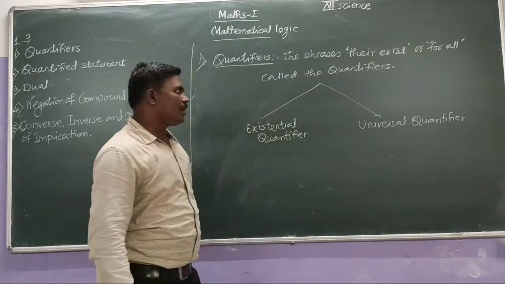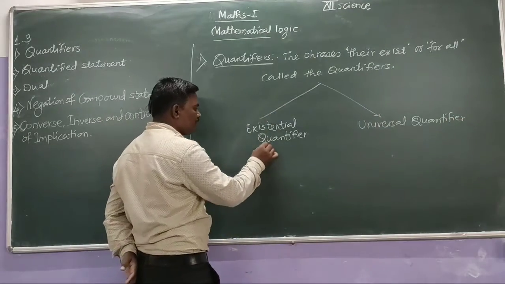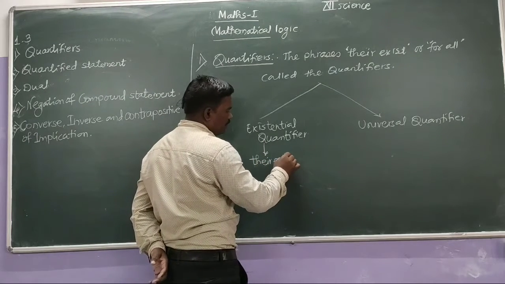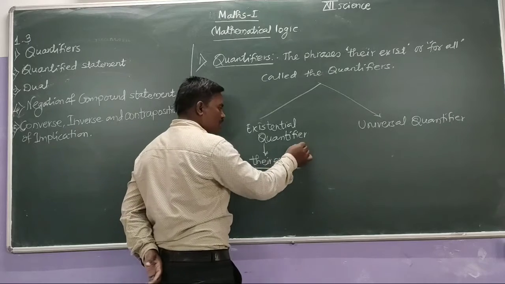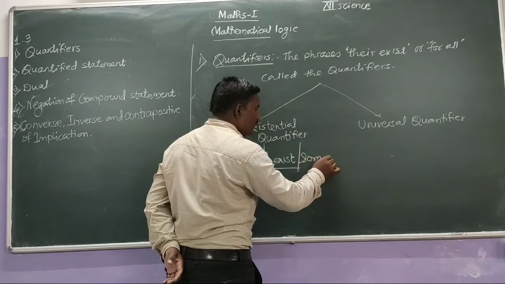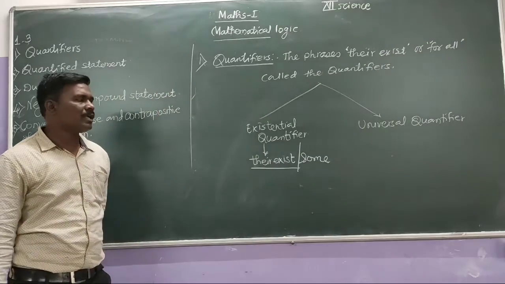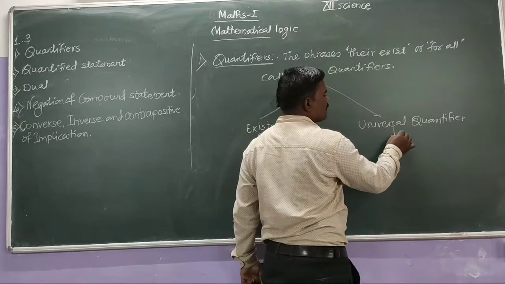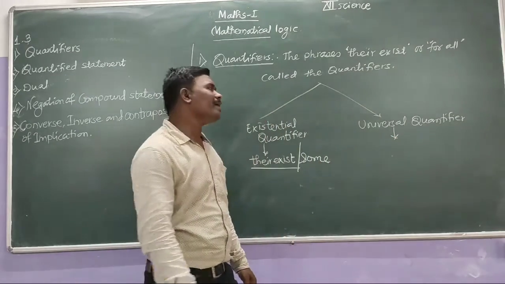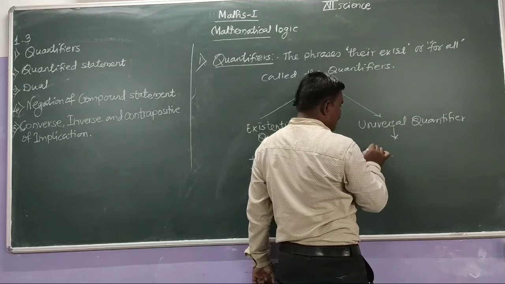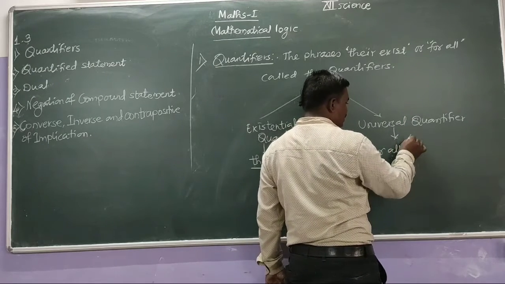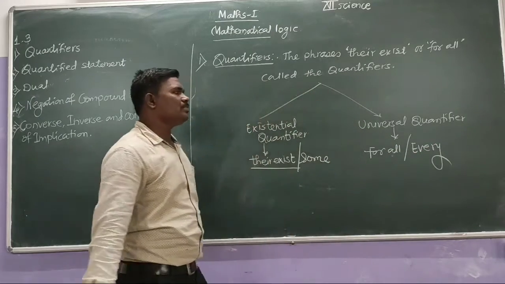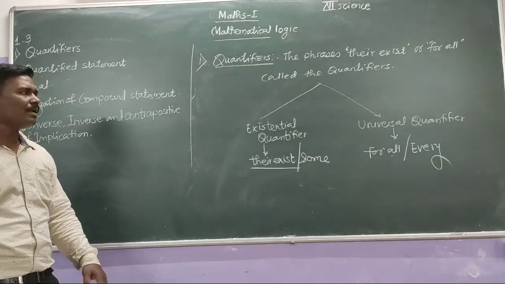In the existential quantifier, the phrase used is "there exist" or "some". And in the universal quantifier we can use the phrase "for all" or "for every".